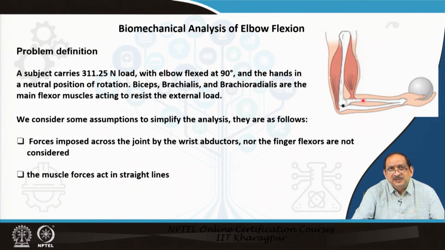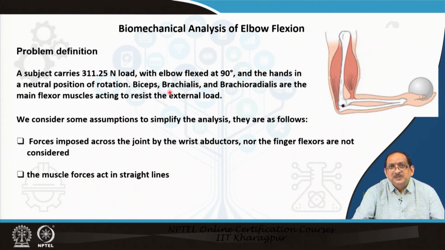In this position, it is carrying a load in the hand, and the hand is in neutral position of rotation. There is no rotation like the pronation or supination. So, it is in the neutral position of rotation.